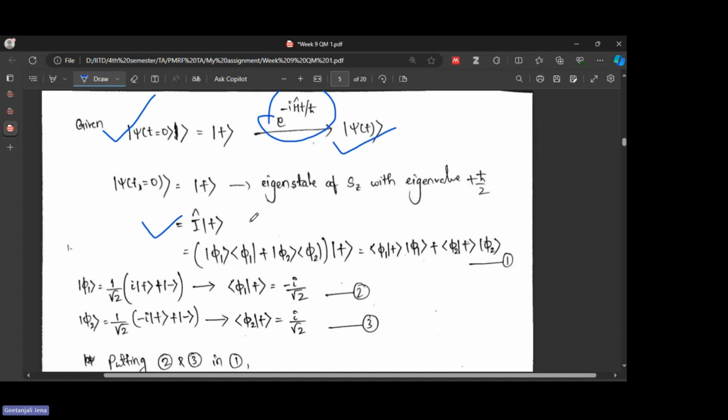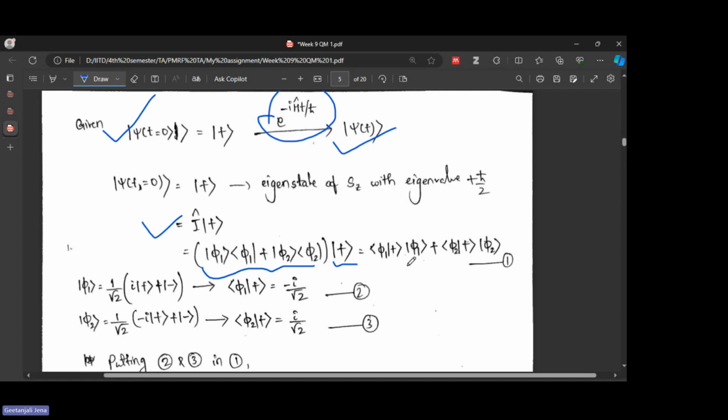Phi 1 and phi 2 are the two complete eigenkets of this Hamiltonian operator. If you take the summation of the outer products of these Hamiltonian eigenkets, this will give 1. That's why I have added phi 1 outer product phi 1 plus phi 2 outer product phi 2 acting on the plus state.